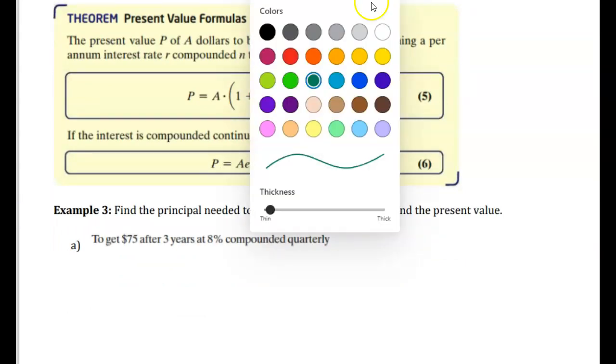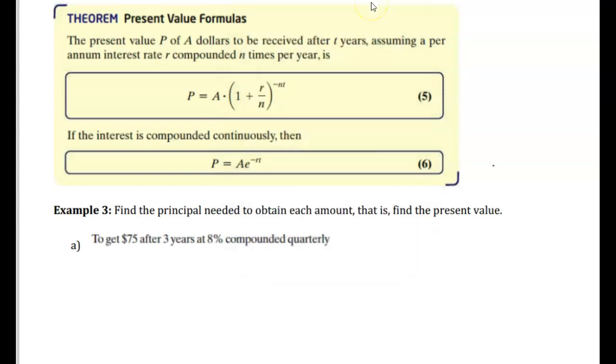Find the principal needed to obtain each amount. That is, find the present value. So I want to get $75 after 3 years at 8% compounded quarterly. Okay, so this is the amount that I want to get 3 years later, rate of 8%, so 0.08, quarterly compounding, and N is 4.